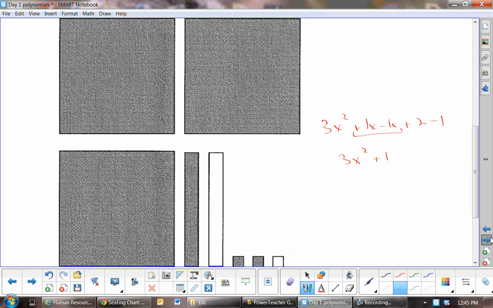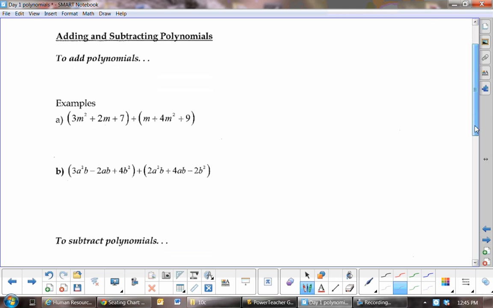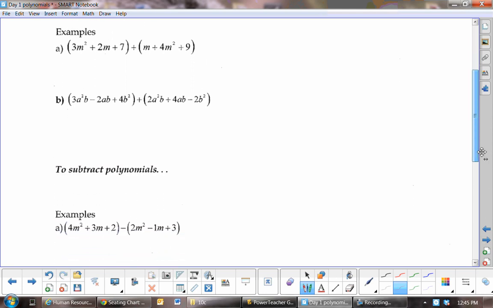Now, let's get to adding and subtracting polynomials. This should be a review, but there were still a lot of questions in the last class. Now, remember when you add and subtract in polynomials, when you add and subtract words, the words have to be identical, or else you can't add them together.